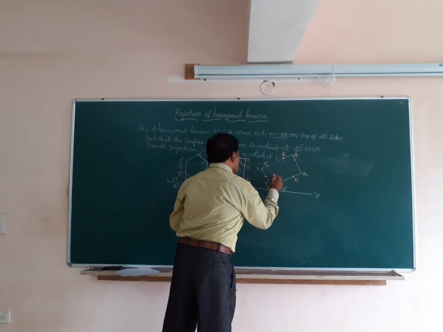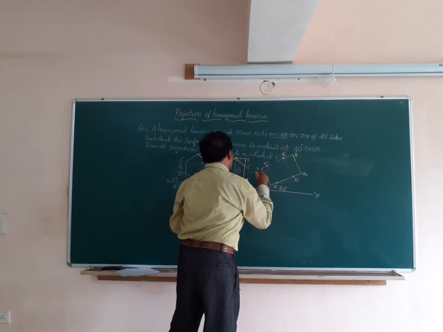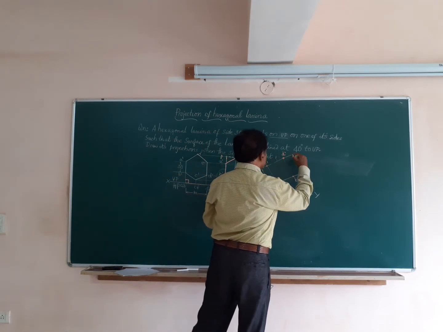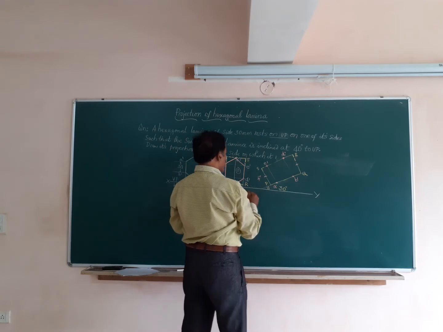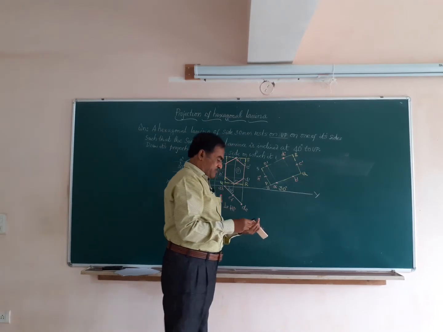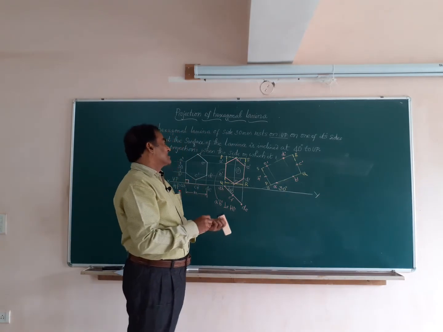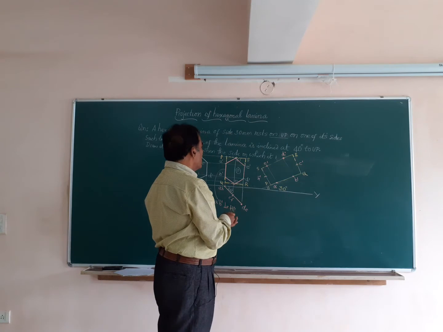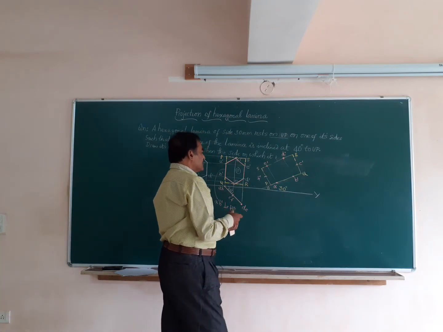Friends, exactly in between P and S, you have got F dash. So I will mark this as F dash, and on the opposite side of F dash is C dash. It comes exactly in the center of RQ or QR. This is going to be C dash. Friends, we are able to obtain all the 6 corners of the hexagonal lamina in the box. Let us join all these by straight lines.